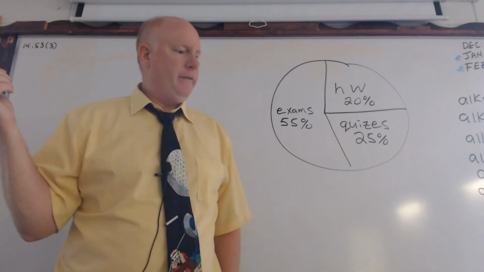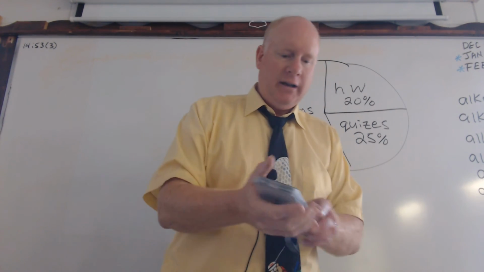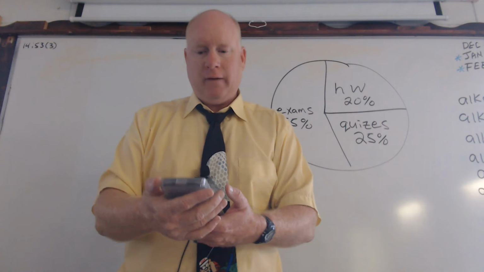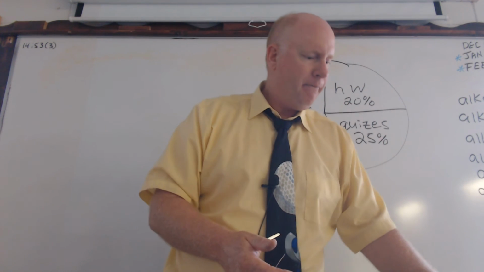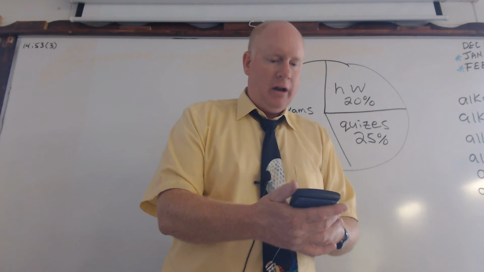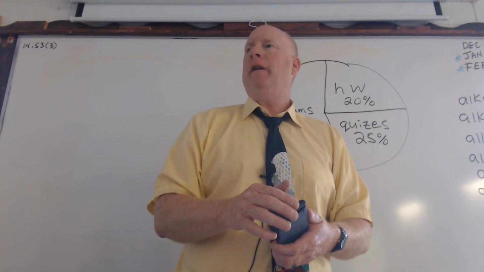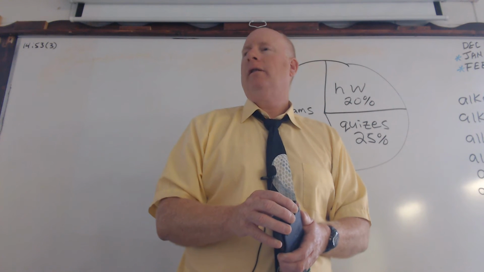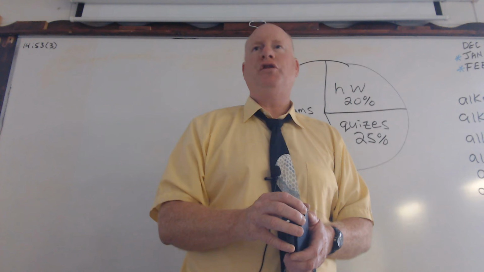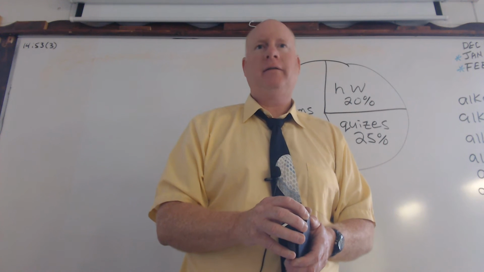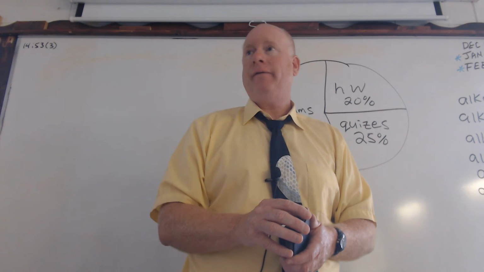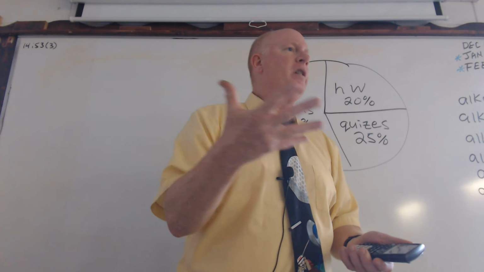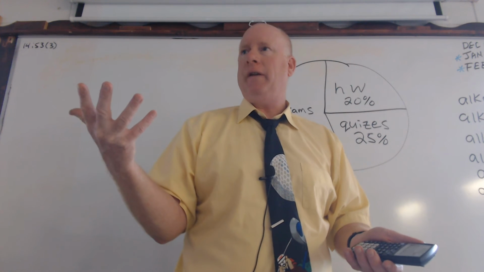Okay? So for instance, just keep in mind, let's say we had a 50-point exam. Out of 50 points, how many points did you get right? 25? Okay, so that's a 50%, right? Because 25 is half of 50.